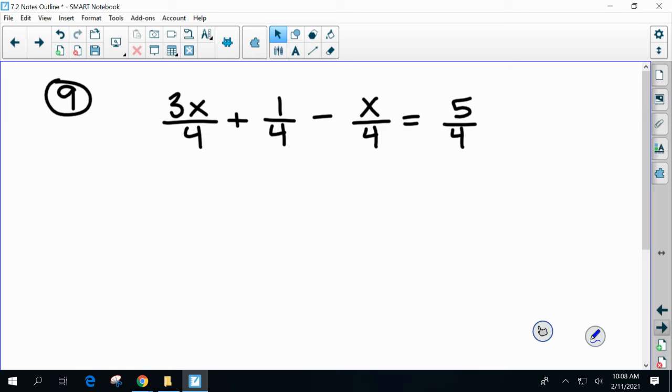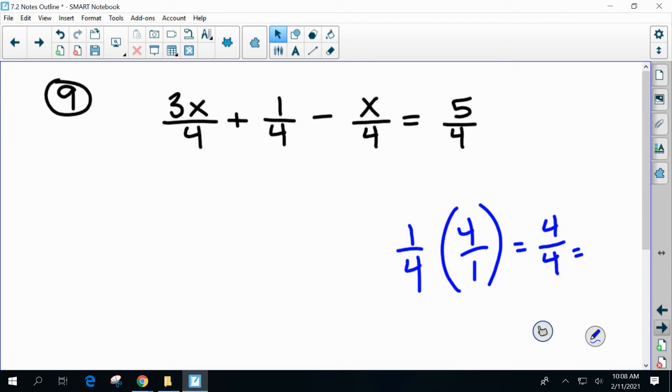If you have a fraction with a denominator of 4, like 1/4, and you take it times 4 over 1, which would be the same as 4, you multiply straight across, so you're gonna end up with 4 over 4, which gives you what? 1. So if you take everything here times 4, all you're gonna end up with is what's in the numerator.